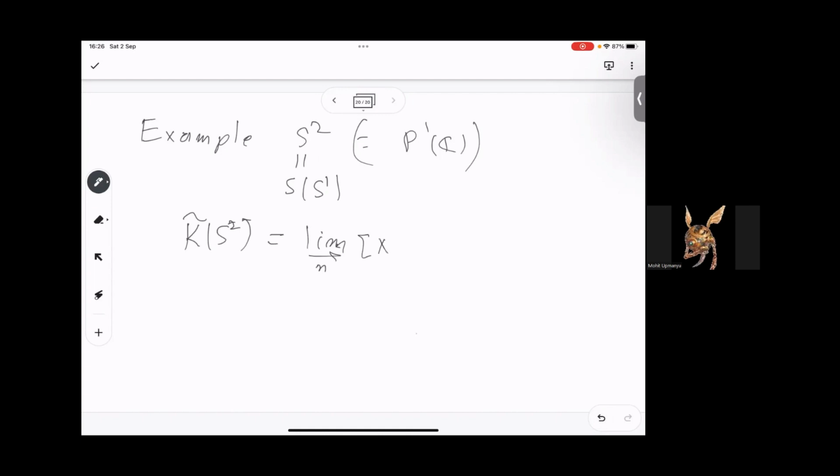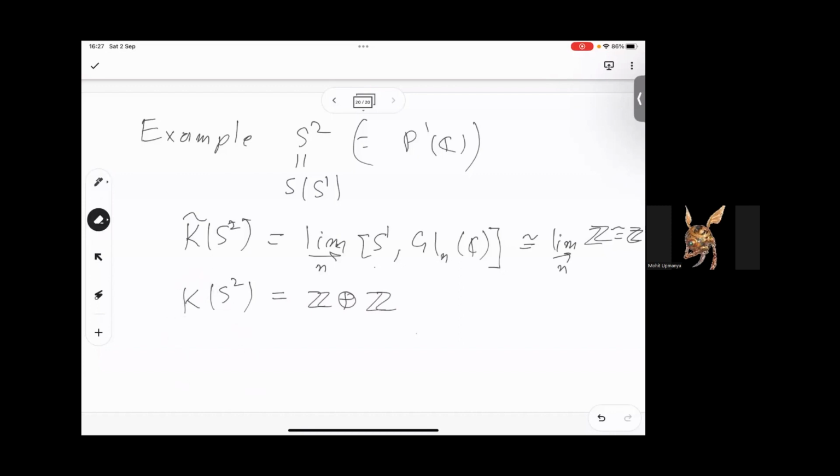So we are basically trying to compute the fundamental group of GL_n(C), but it is the same for every n, which is Z. So this is the direct limit of Z, which is just Z. So we now know that K tilde is Z. K tilde of S2 is Z, and K is Z direct sum Z.